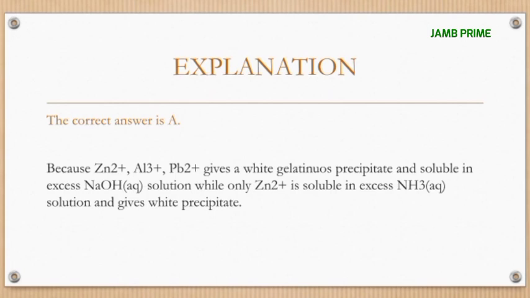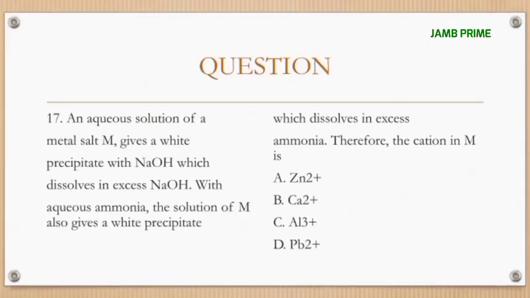Note that zinc, aluminium, and lead all give a white precipitate and are soluble in excess sodium hydroxide, but only zinc is soluble in excess ammonia. Yeah, this is a JAMB question.